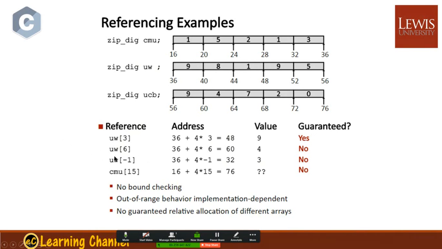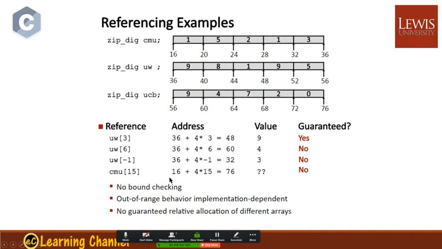And for this one, because UW only has 5 elements and you use index 6, that will be out of bounds. If you go out of bounds, you may get this 4, but there's no guarantee. That means it depends on the compiler. With -1, you will get this and get a value of 3, but again, it's not guaranteed.